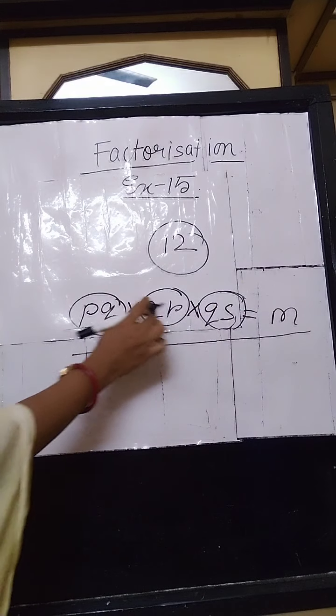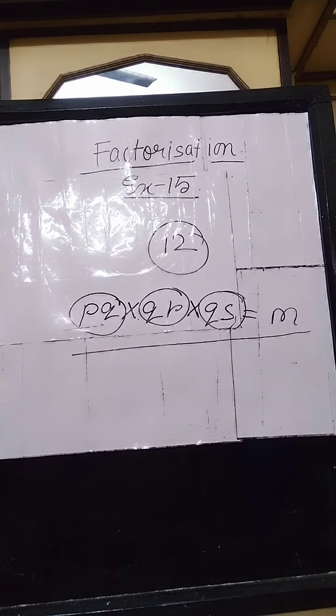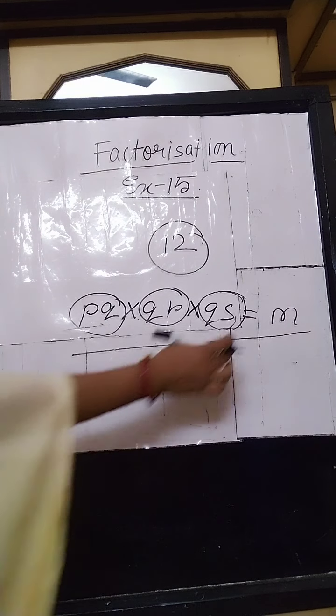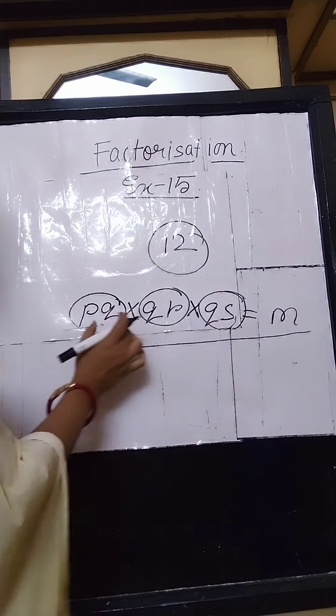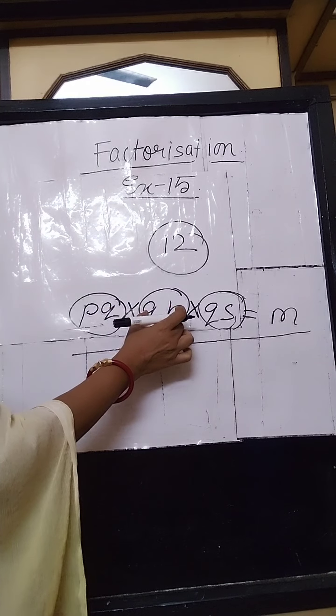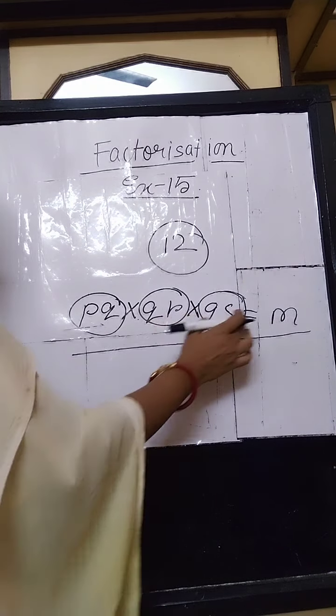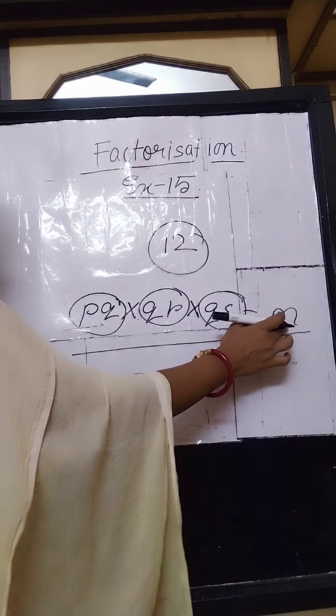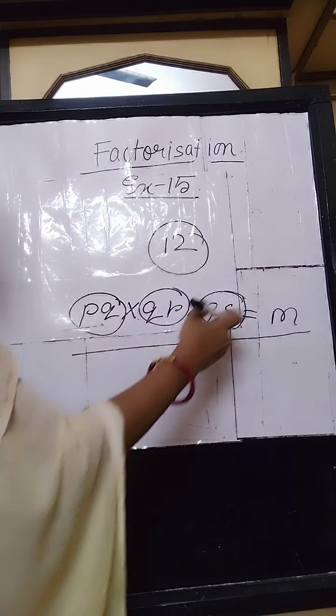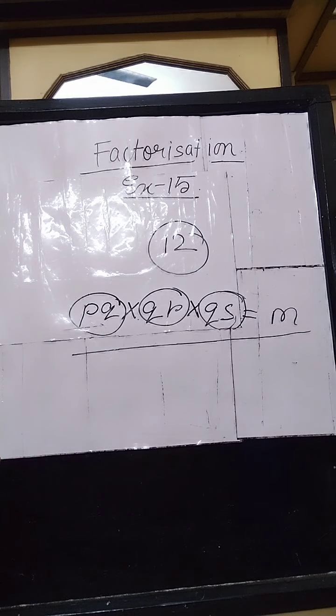So PQ, QR and QS are individual factors of the product M, which gives rise to M if multiplied with each other.